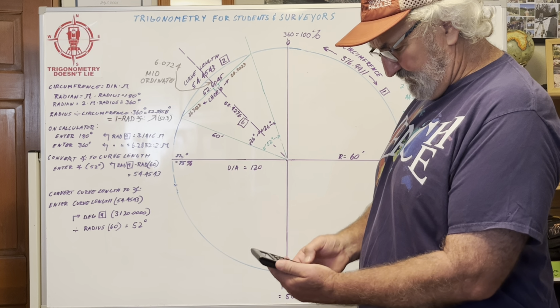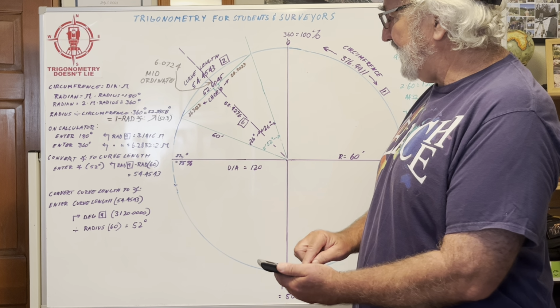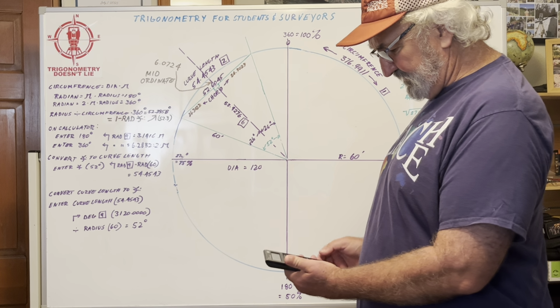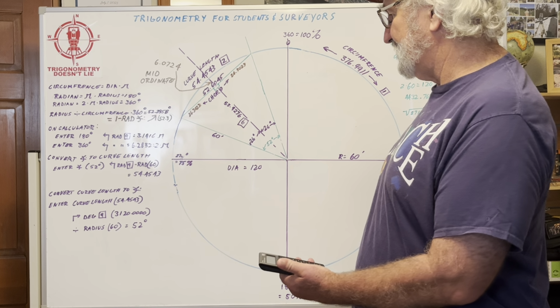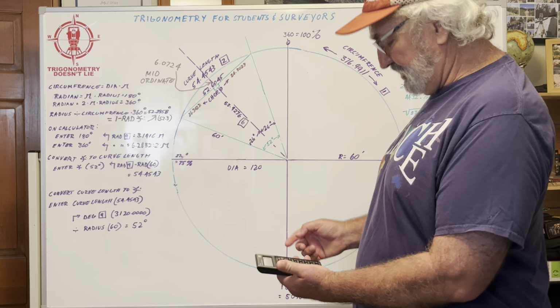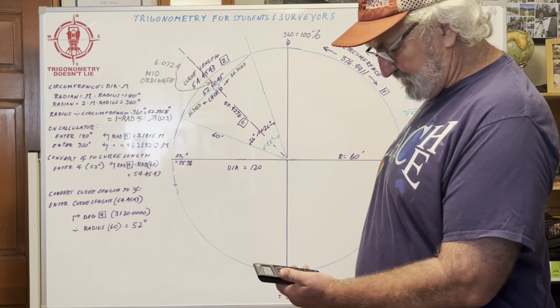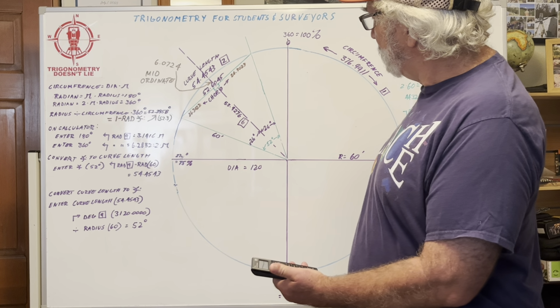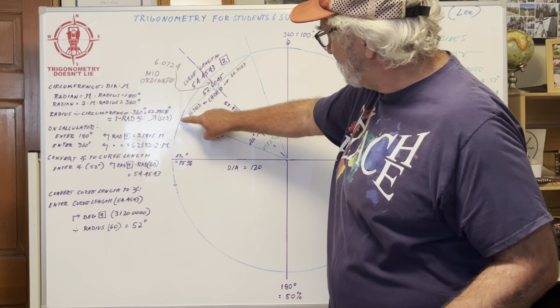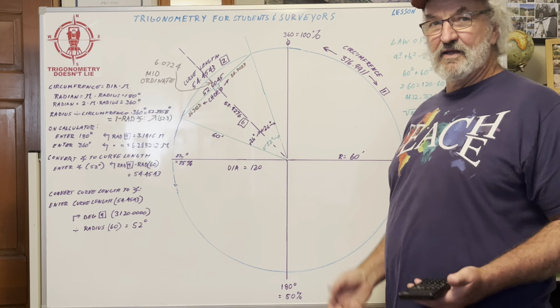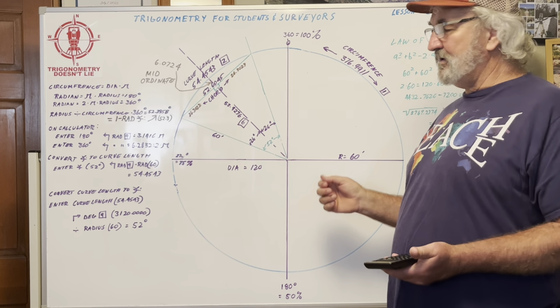So 52, enter, shift, radian, 0.9076, and then you want to do the radius, 60, and then times. And that's 54.4543. That's the curve length. So now you have the curve length.